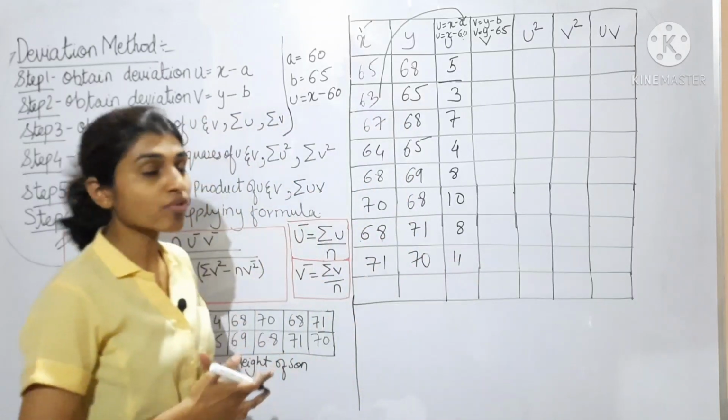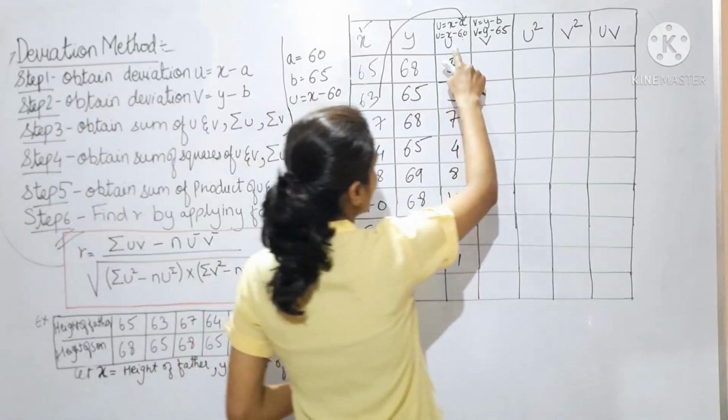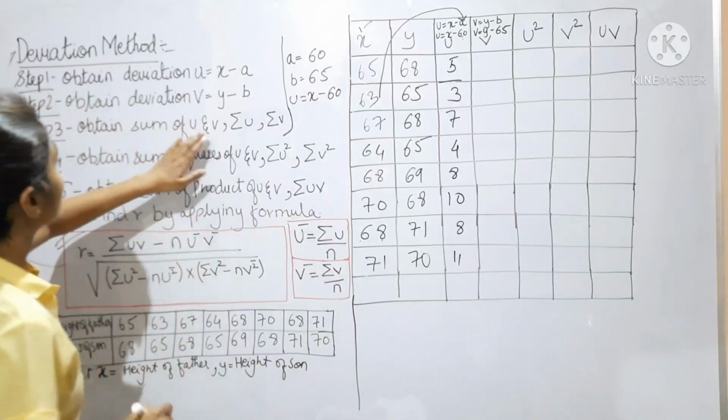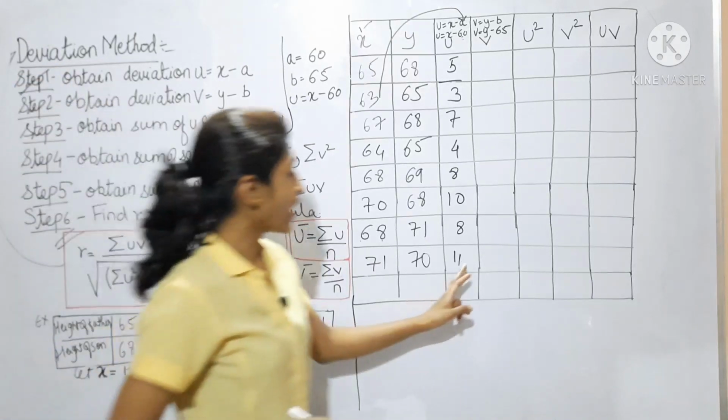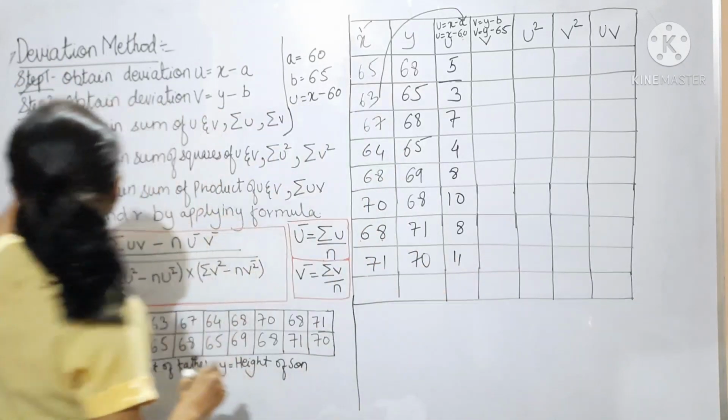So we have got the value of u. So the first step is done.